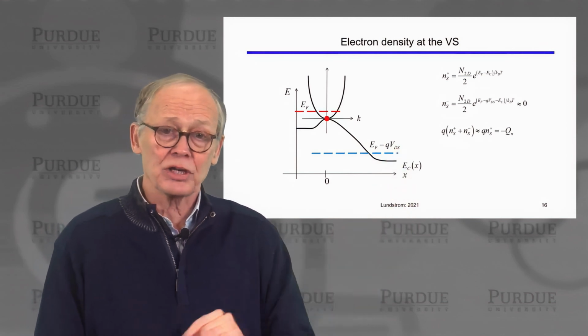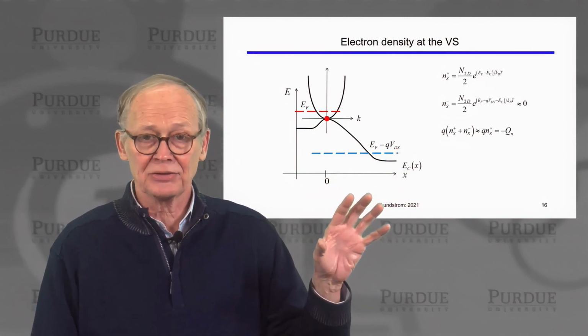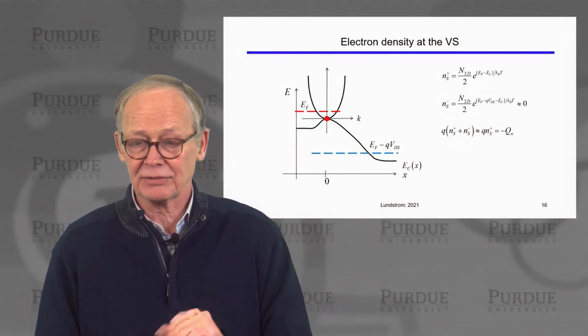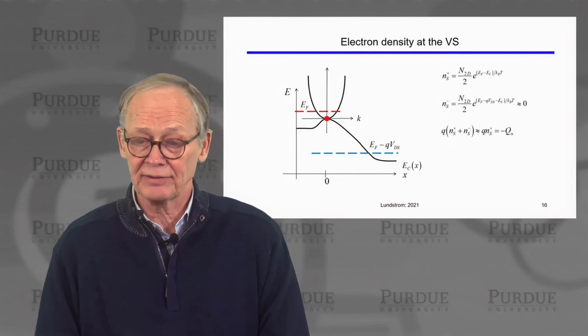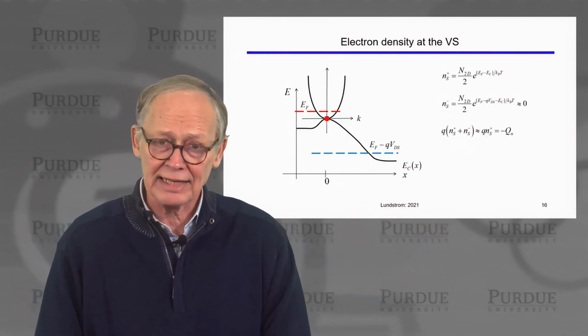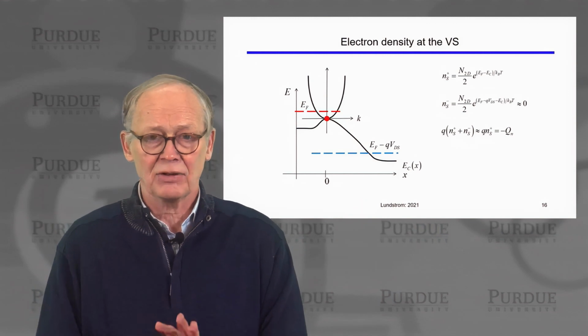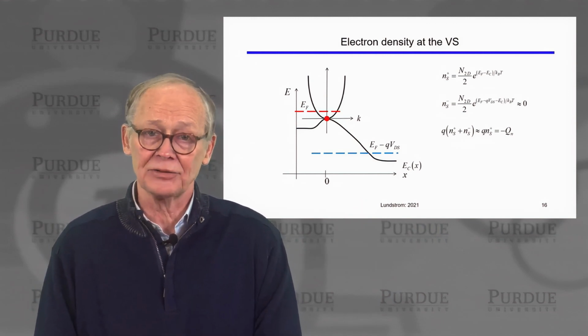To get the total charge at the virtual source, we add up the electrons with positive velocities and the electrons with negative velocities. There essentially are no electrons with negative velocities, so the total charge at the virtual source under high VDS conditions is all due to electrons that have positive velocities that entered from the source.